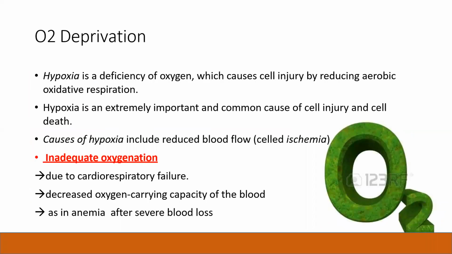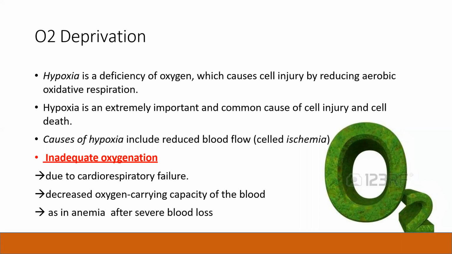Okay. So first, the acquired cell injury is low level of the oxygen in the body, because cell requires the oxygen. Without oxygen, cell can't survive.